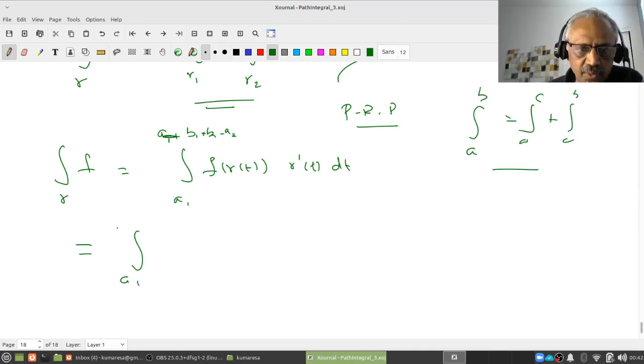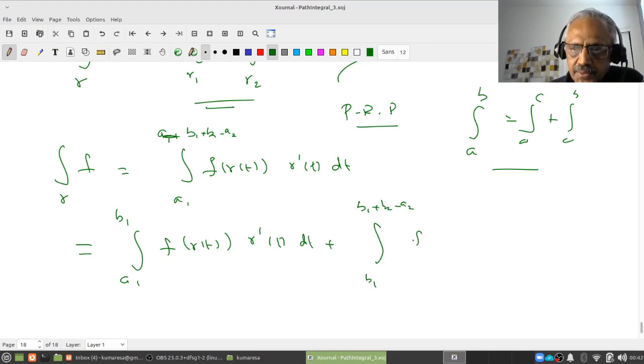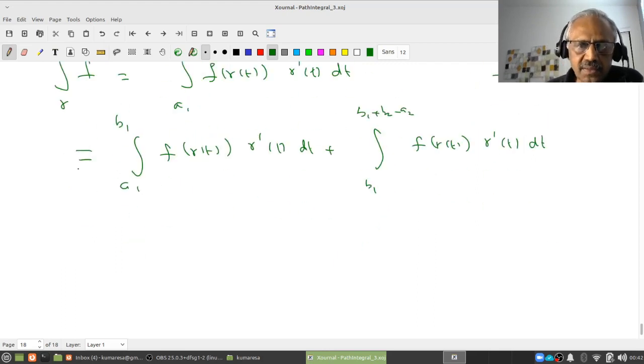Therefore it's integral from a1 to b1 of f of gamma t, gamma prime t dt plus integral from b1 to b1 plus b2 minus a2 of f of gamma t, gamma prime t dt. But on the interval a1 to b1, gamma is named gamma 1. Therefore this is gamma 1 of t and gamma 1 prime of t dt. Therefore this is nothing other than integral of f over gamma 1. Make sure you understand this. Okay, pause, review, proceed.